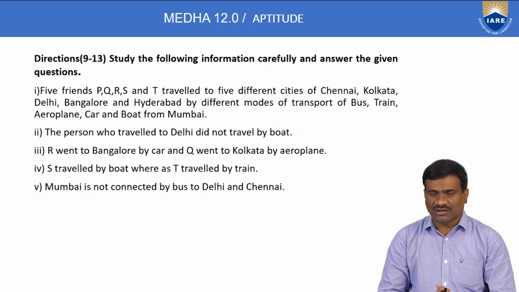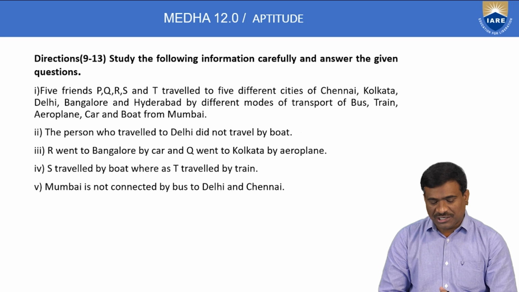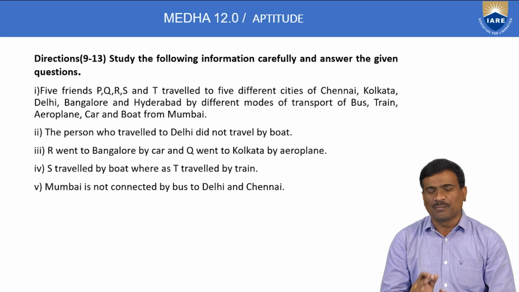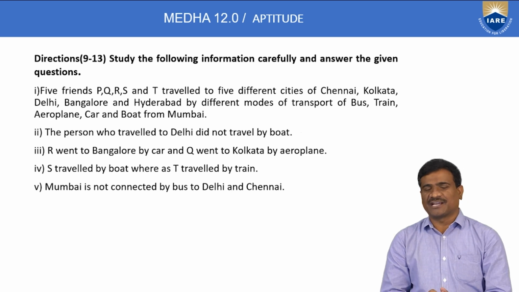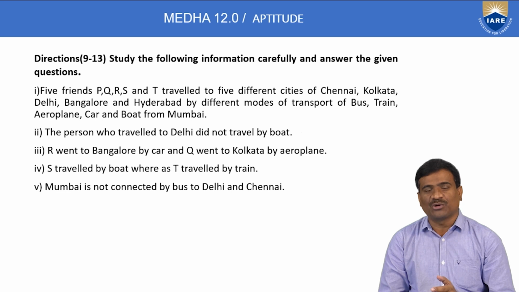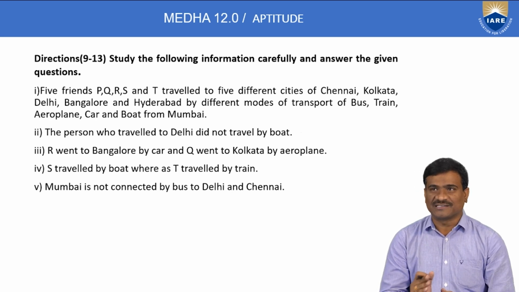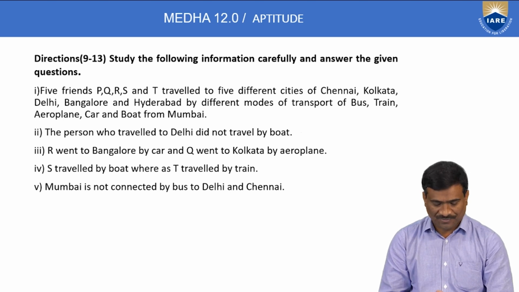First, the theory. Five friends P, Q, R, S, T traveled to 5 different cities, Chennai, Kolkata, Delhi, Bangalore, Hyderabad, by different modes of transport, bus, train, aeroplane, car and boat, from Mumbai. First statement: persons P, Q, R, S, T are 5 persons, cities are 5 places and modes of transportation are also 5.